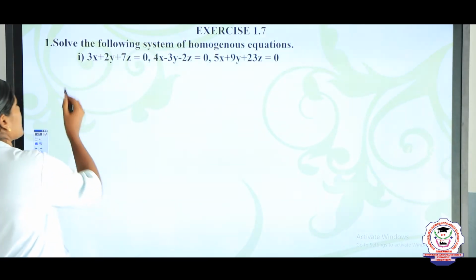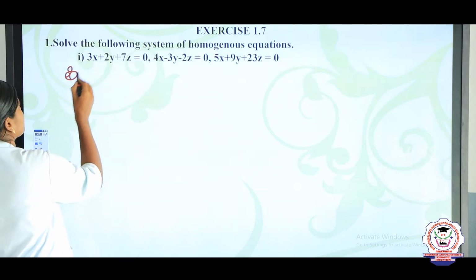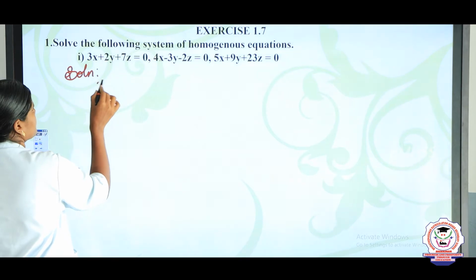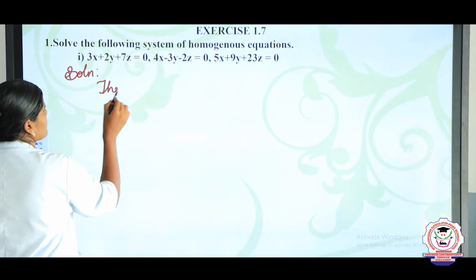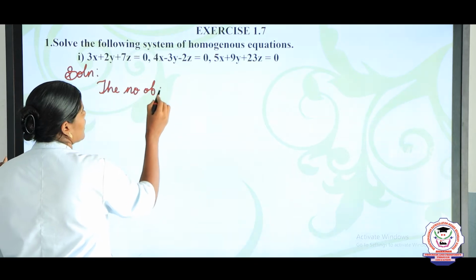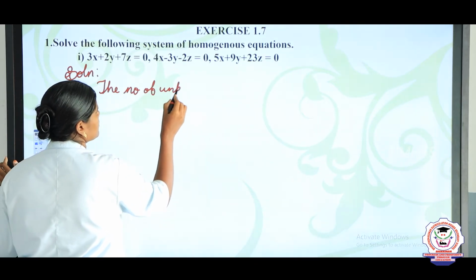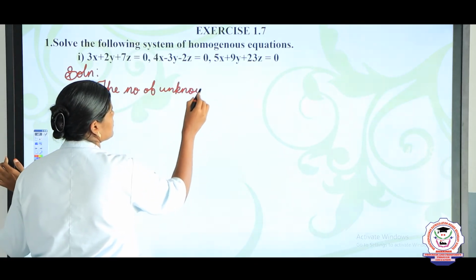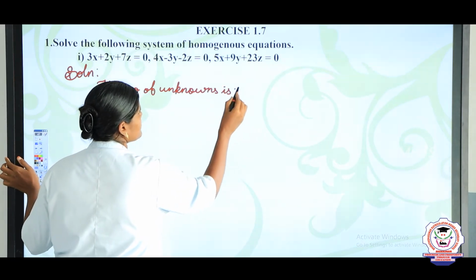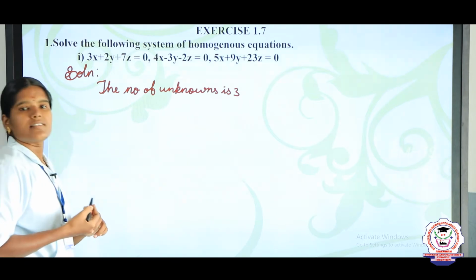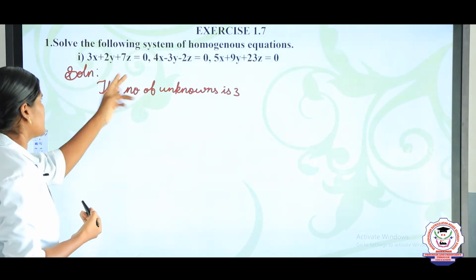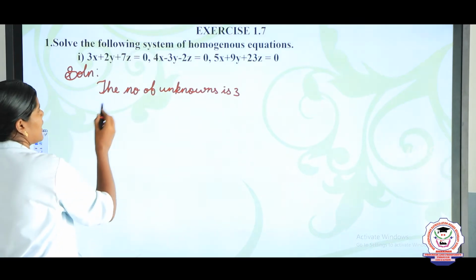So, the number of unknowns is 3. Okay. The system is in the form of AX equal to O. O is nothing but the 0 column matrix.